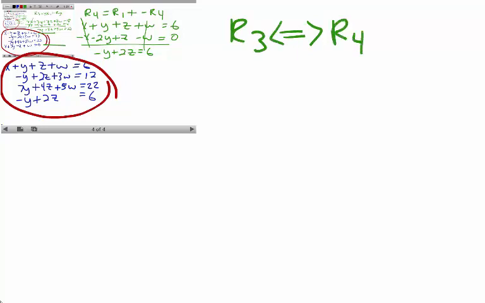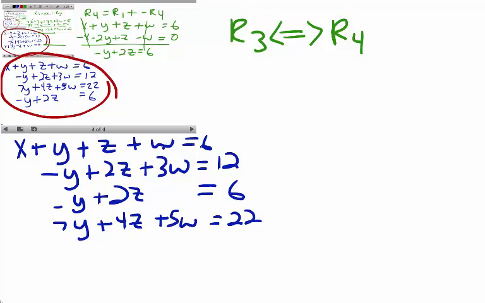So now we take our most recent system and set up our next step, which is to interchange or swap row 3 and row 4. So here's our new system with rows 3 and 4 interchanged.